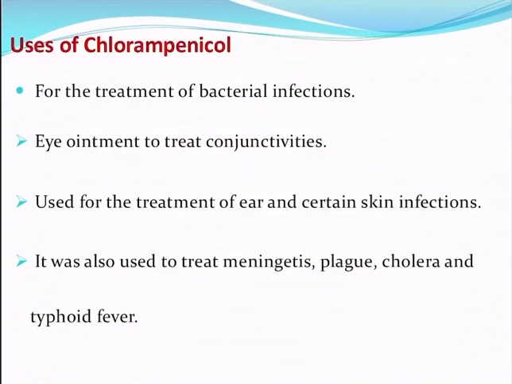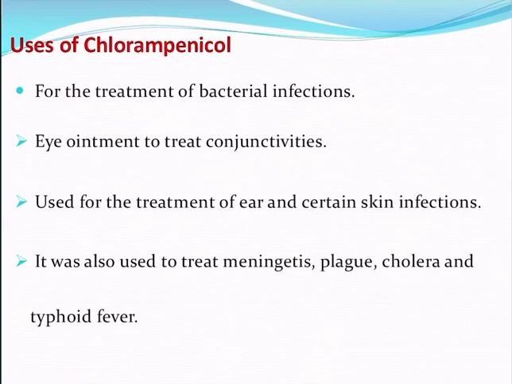What are the uses of chloramphenicol? It has been used for the treatment of a number of bacterial infections. The first one includes use as an eye ointment to treat conjunctivitis. Conjunctivitis means inflammation or infection of the outer membrane of the eyeball and the inner eyelid.